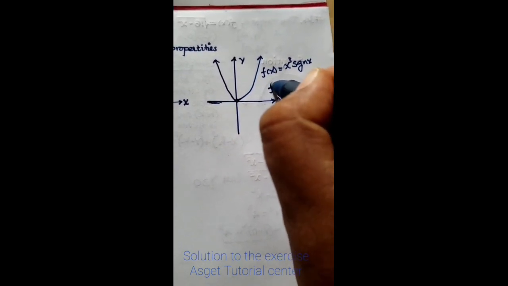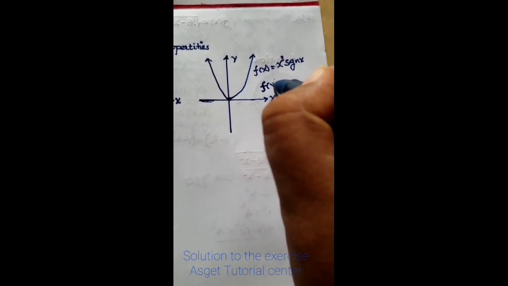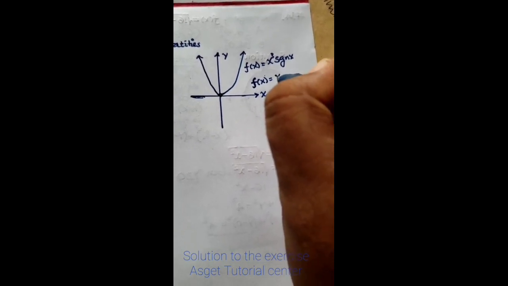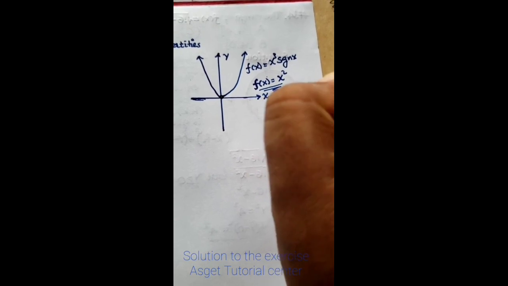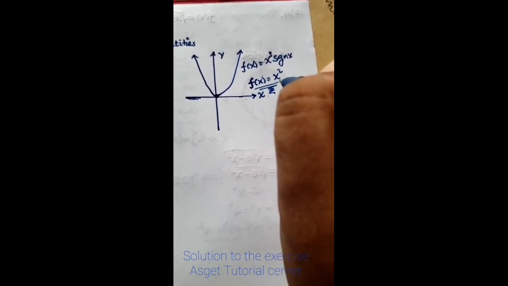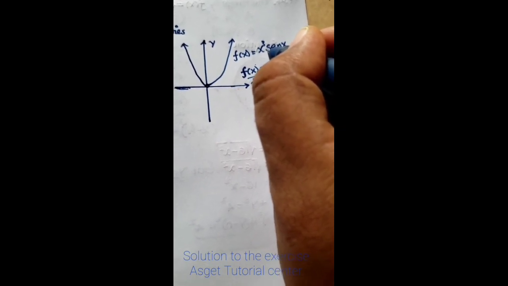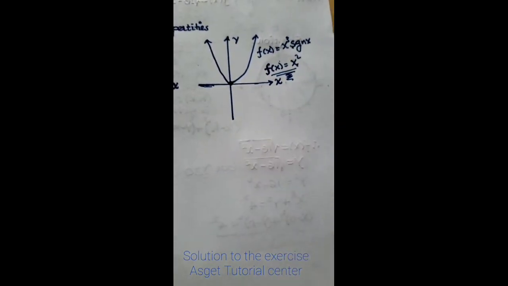So this is the graph of f of x equals x cubed sine mx. This graph is exactly the same as the graph of y equals x squared. So in general we can say that the graph of y equals x cubed sine mx has the same property as y equals x squared.